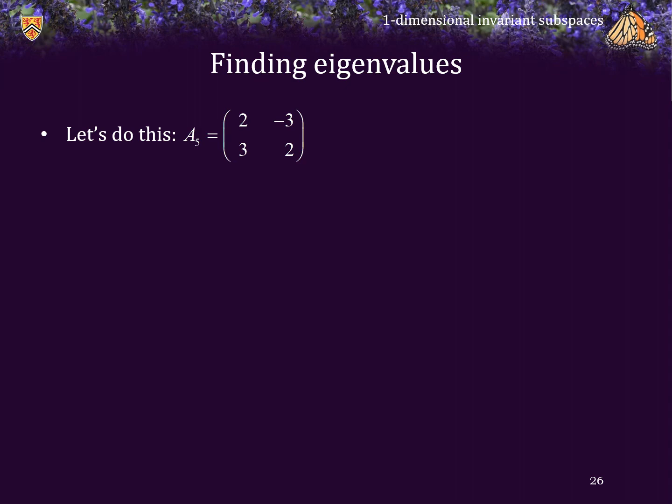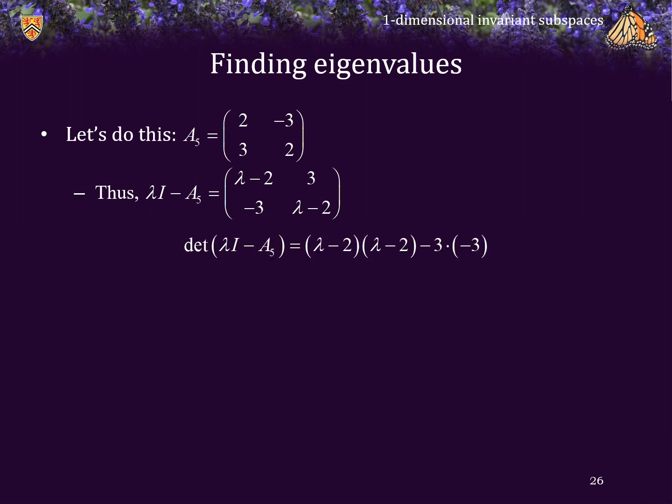Here's another example. Now here, lambda I minus this matrix gives us this matrix here, and we calculate the determinant of this matrix. If we expand this, we get this quadratic, which simplifies to this.